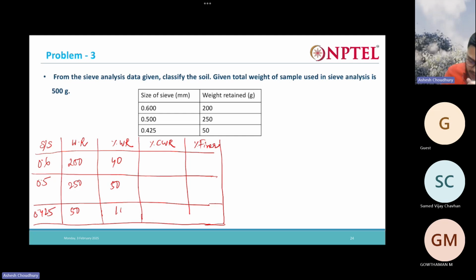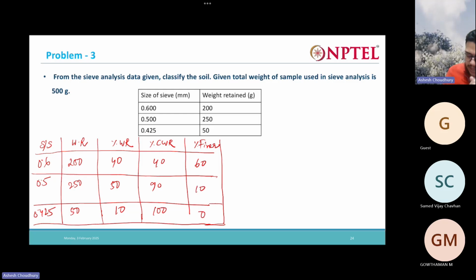Cumulative weight retained 40, 40 plus 50 is 90, plus 10, 100. Percentage finer is 100 minus this: 60, 10, 0.